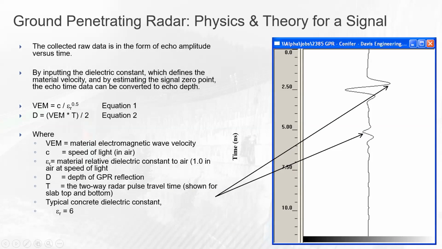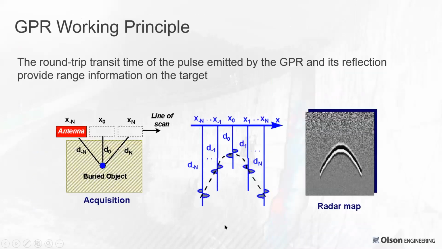So you can get the electromagnetic wave velocity by either knowing the thickness of the slab or from curve fitting, as I'll mention in a minute, of the data over rebar. But it's equal to the speed of our wave times the reflection time over 2. Typical dielectric for concrete is around 6. It varies. Could be up to 9 or more, but typically around 6 if it's drier.